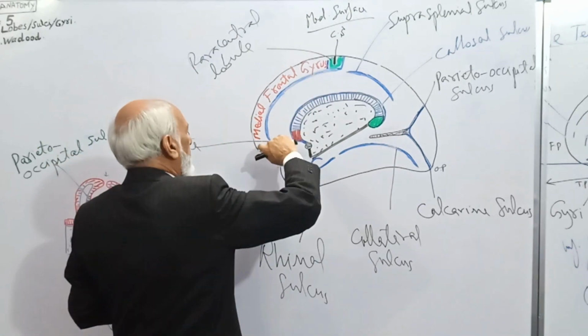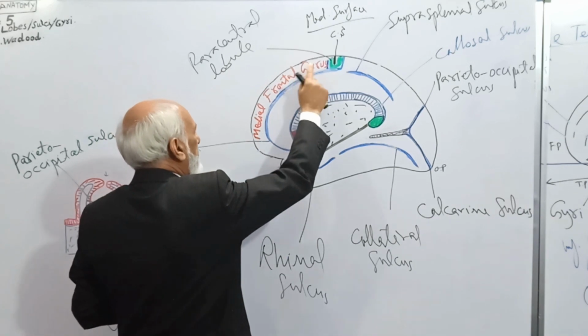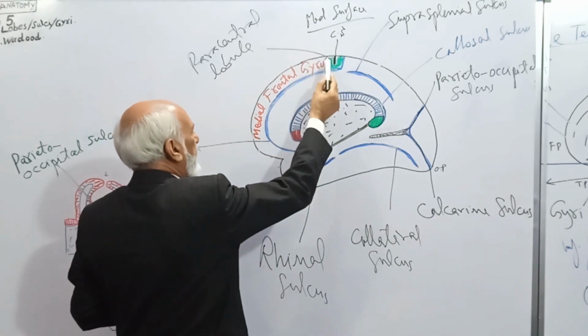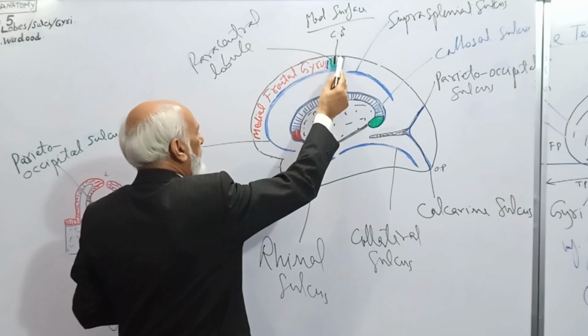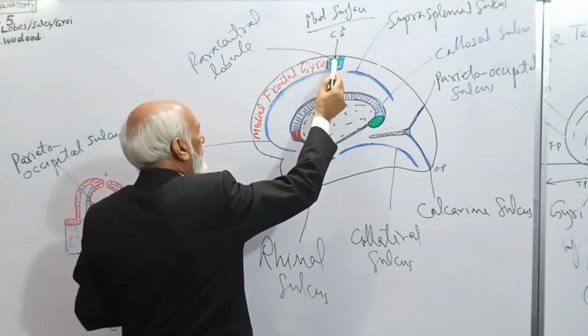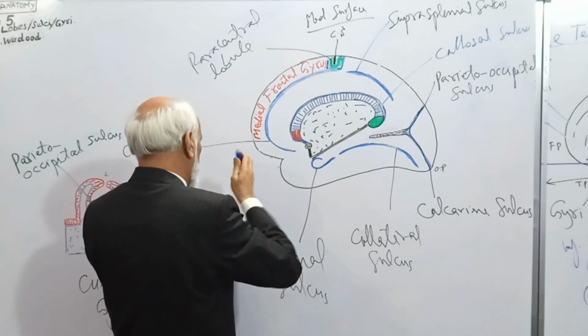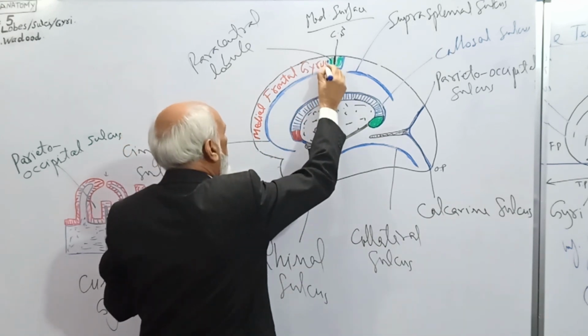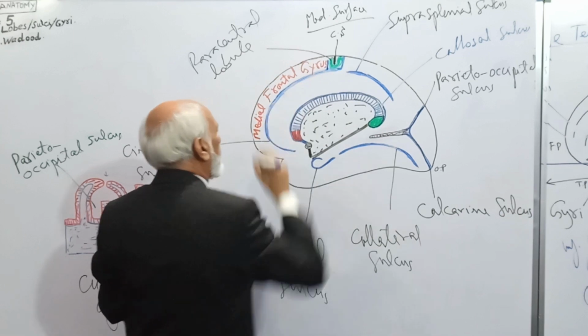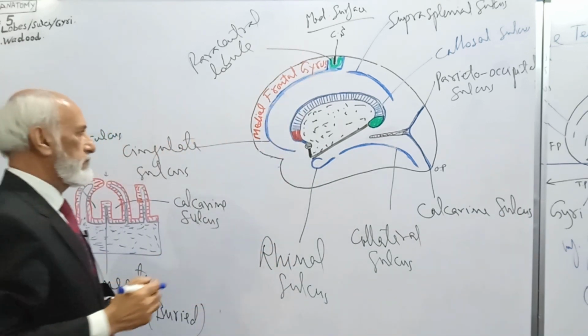So medial frontal gyrus is separated from paracentral lobule, which is around the central sulcus, by an unnamed sulcus.